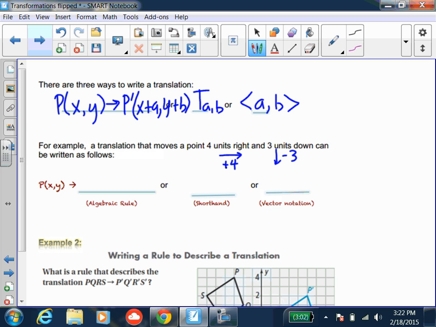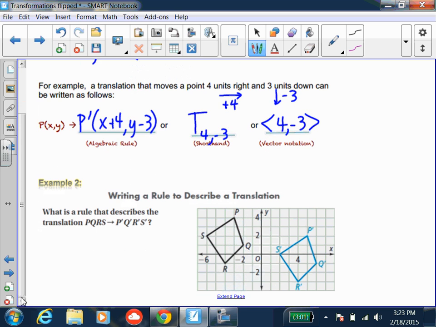So as an algebraic rule, we would write P prime is going to be (x + 4, y - 3). Or as shorthand, we'll have T<4, -3>. And in vector, it would just be 4, -3. Again, you'll just be responsible for the first two.